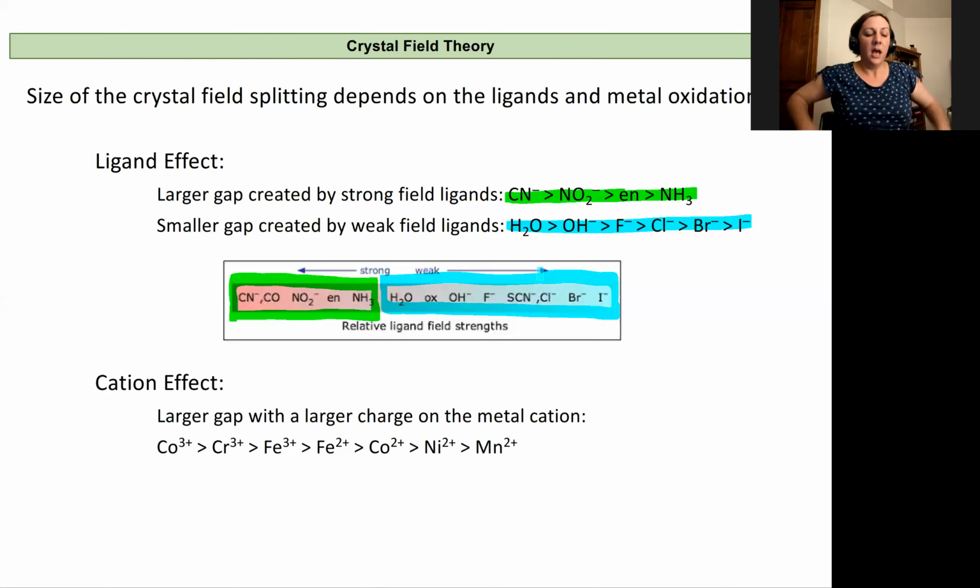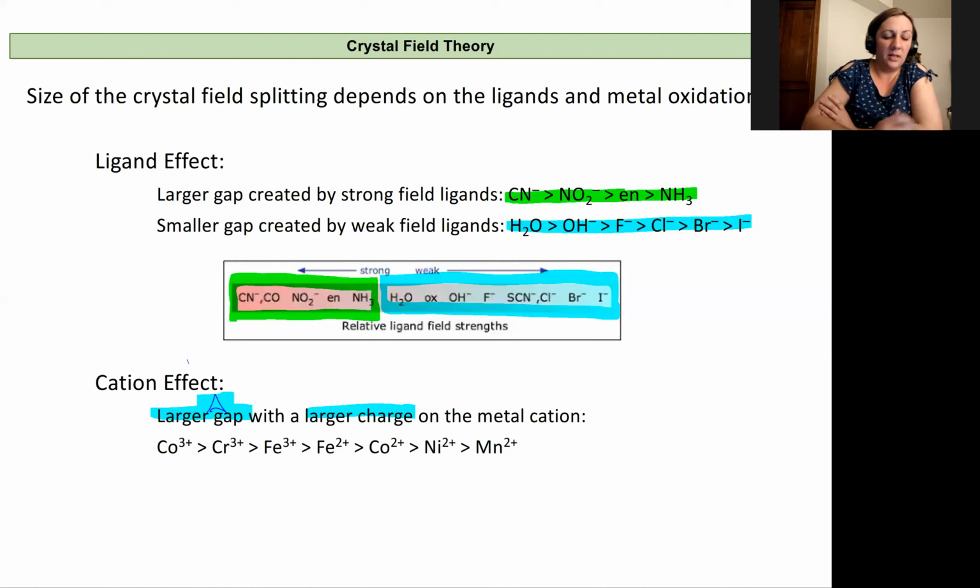And then the other effect on that splitting energy is going to be the cation, and we'll see a larger crystal field splitting, so a larger gap, when there's a larger charge on the metal. As that charge goes up, we see a larger crystal field splitting energy.